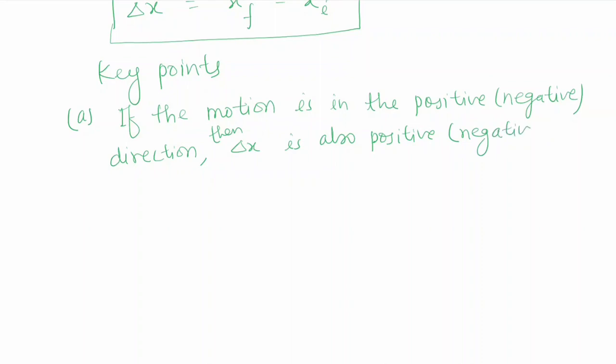This is a concise way of stating that if the motion of the particle is in the positive direction, then delta x is also positive, and if the motion is in the negative direction, then displacement delta x is also negative. So let us try to understand this with an example.